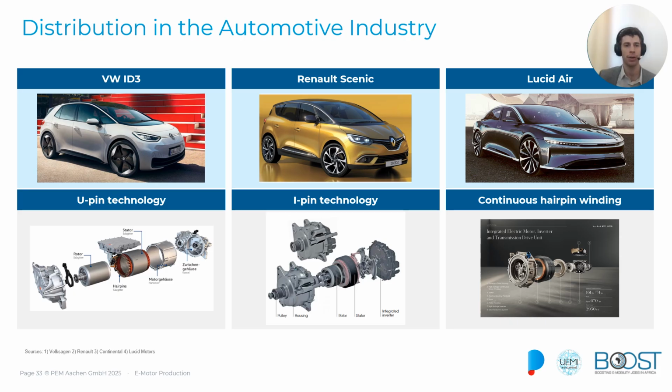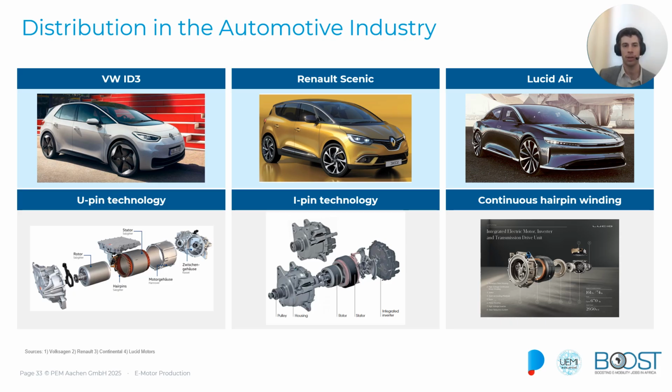We see fewer I-Pin applications, like we see today in the Renault Scenic. And we see that the number of electric cars with U-Pin, like the Volkswagen ID.3, is increasing.